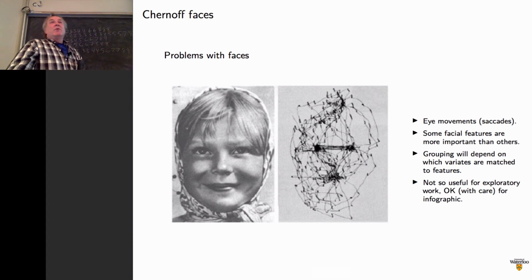And that's probably where we tend to look when we're looking at faces, to look for features. So one of the really significant problems with cartoon faces is that not all features are the same. And you'd like to have the mapping from data to the display to be independent of the feature, right?